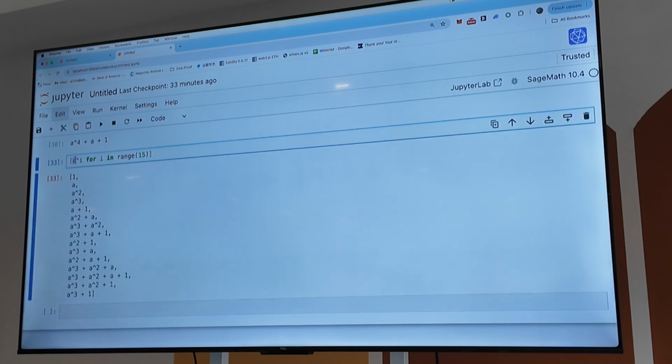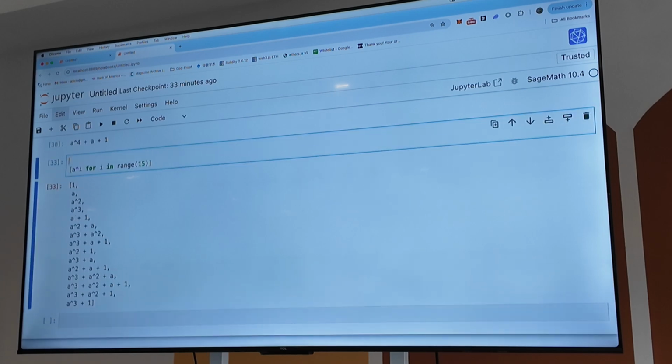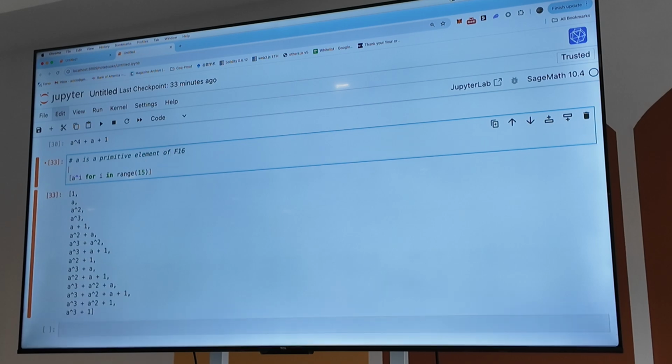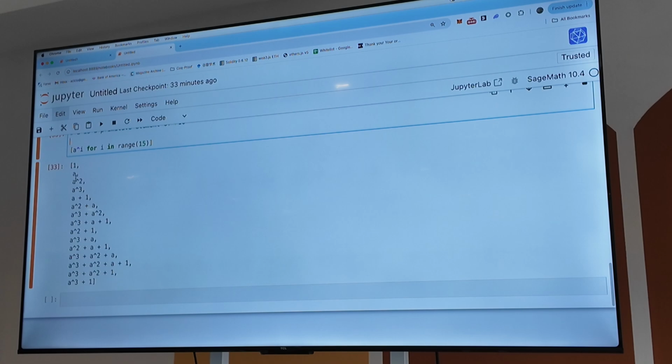So A is actually a primitive element of F16. Why? Because we repeatedly multiply by A, and then we get all the elements of F16 except 0.